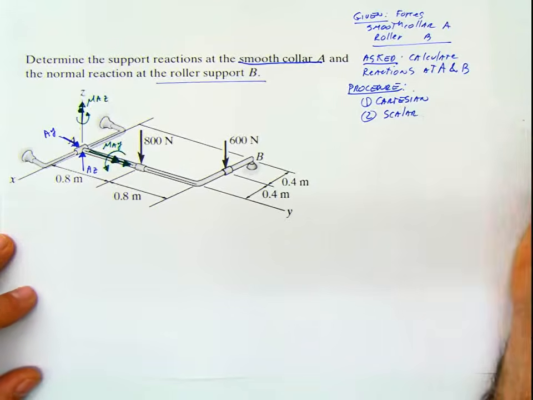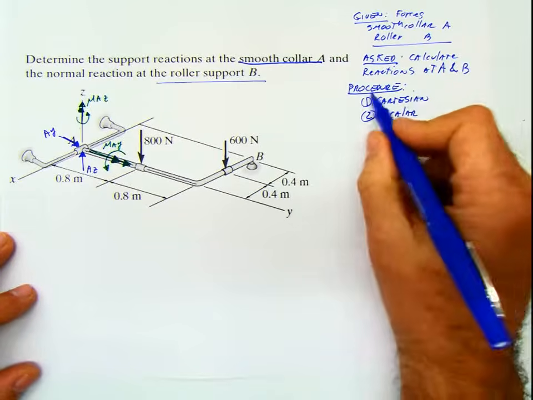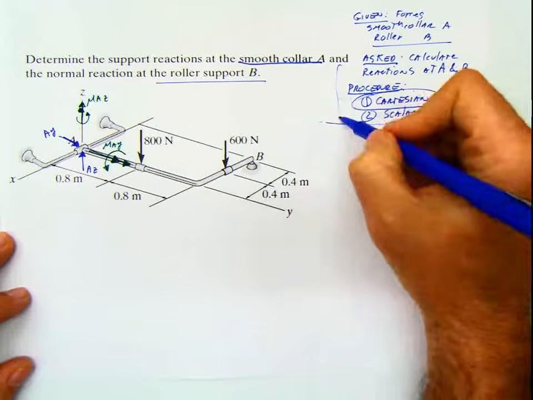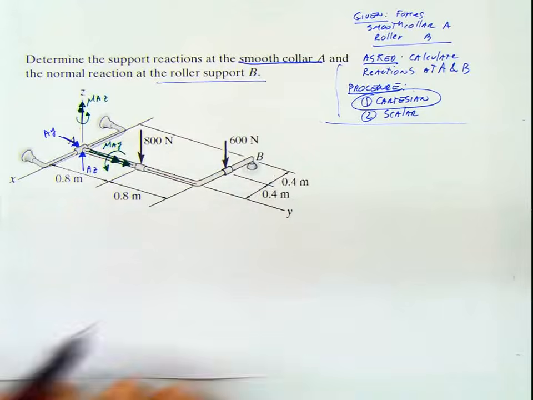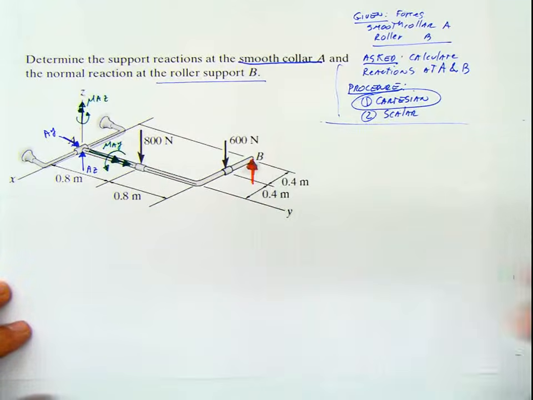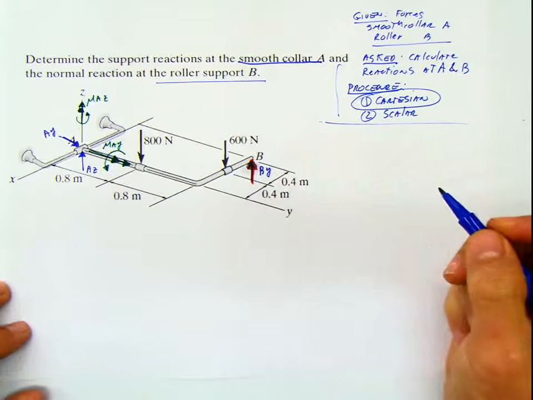You don't have to do both. I'm just going to do both of them for demonstration purposes. So for the first part, let's start with the Cartesian approach. Any other reaction that I'm missing here? Yes, of course, I'm missing this reaction. It's a reaction at B, and this is going to be called BY.